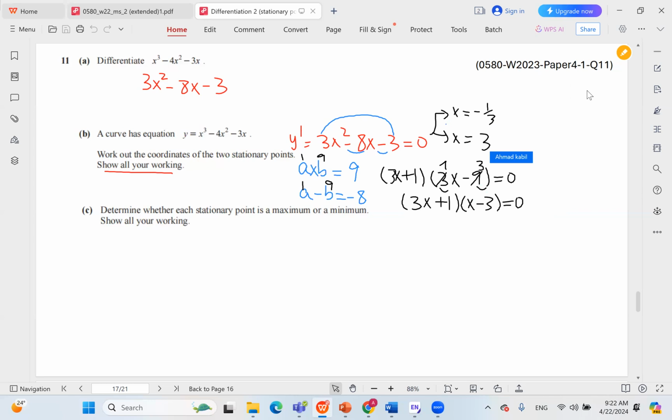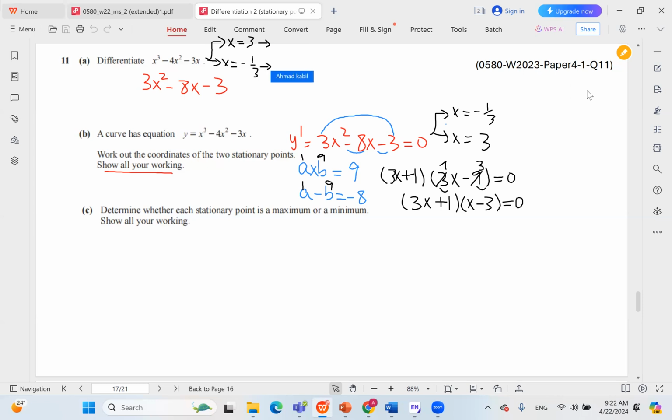Now, in order to get the y coordinates, we have to plug these values into the original equation. So we have to go back to the original equation and plug x once as +3 and once as -1/3. And we have to get y in each case. You can use your calculator.